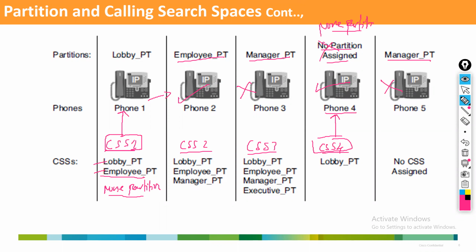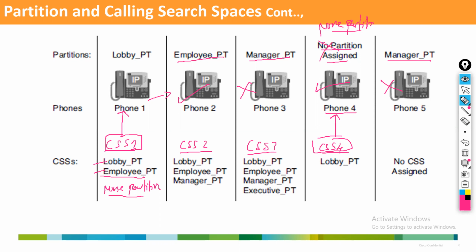That is how partition and CSS actually work. He is having one phone. What number is he dialing? That number is in one partition. Whatever the number, that number's partition should be contained under his CSS. Then only it's possible to dial. If that partition does not exist in his CSS, then it's not possible to dial.